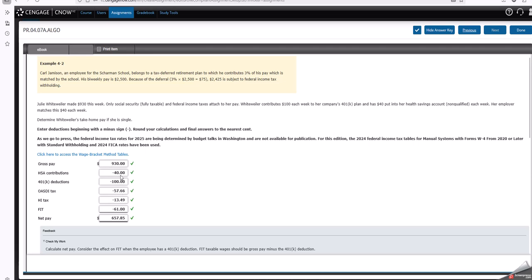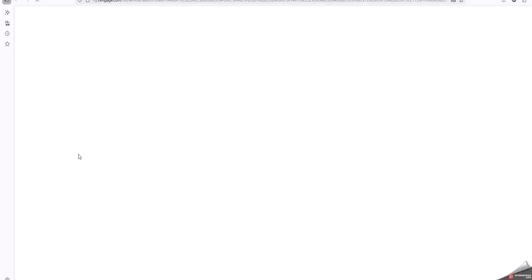So the 930 less the amount she puts into her 401k, that's going to be $830 is her federal taxable wages. And then she is single, and this is weekly, right? So single and weekly. So click on that.